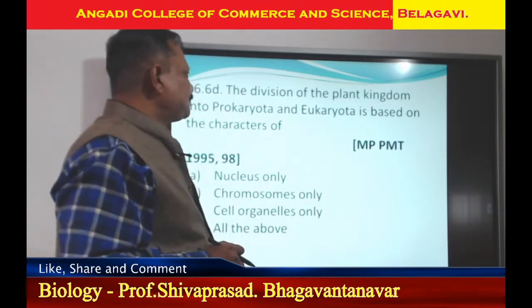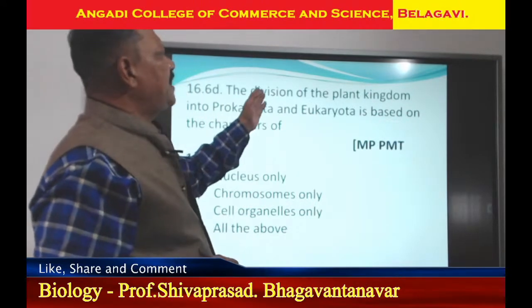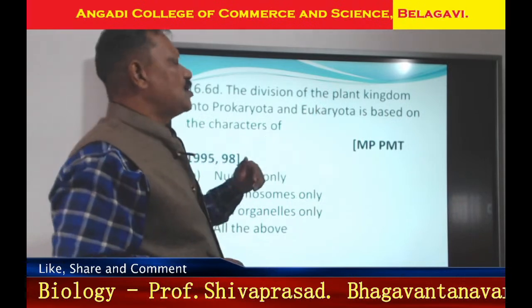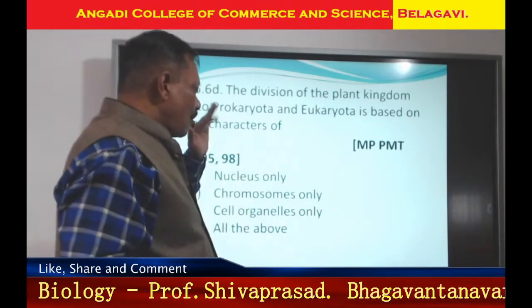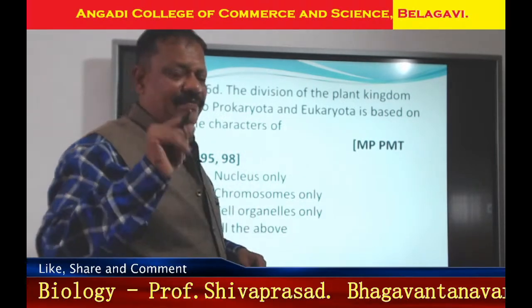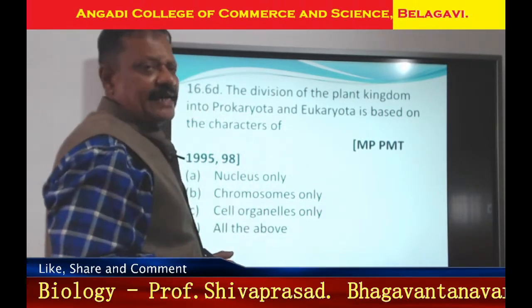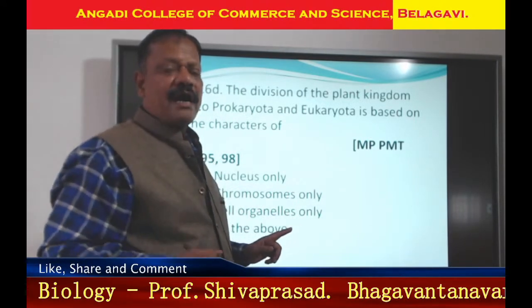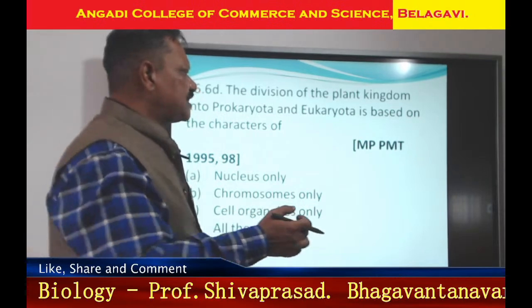To differentiate prokaryota and eukaryota, they consider all the characters, that is nucleus, chromosome, cell organelles, everything. So the right answer is option D, all the above. We'll move to the next.